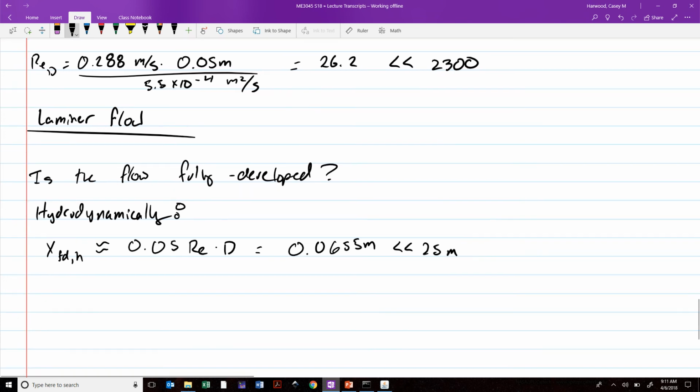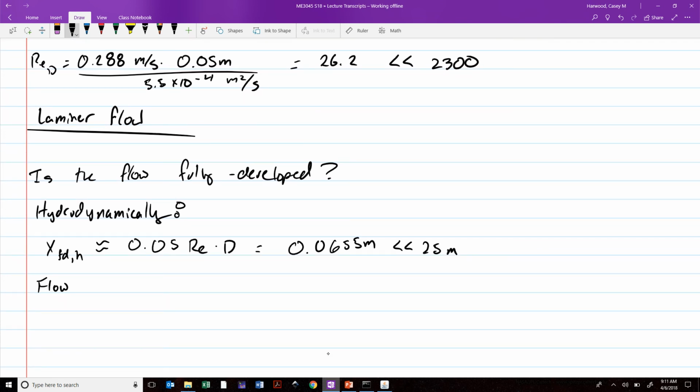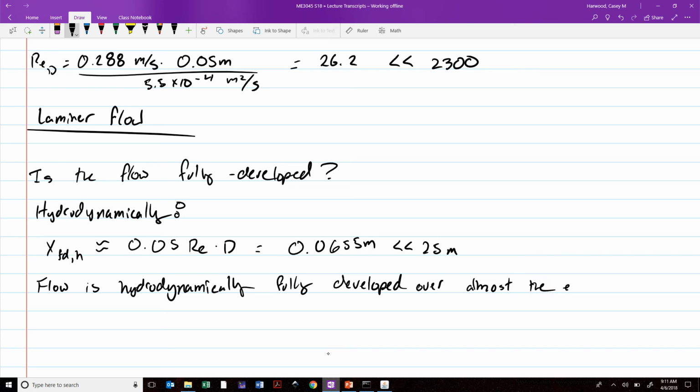So we can say that the flow is hydrodynamically fully developed over almost the entire length.